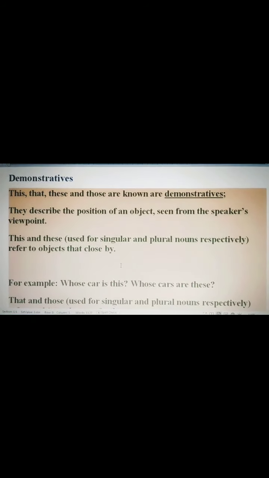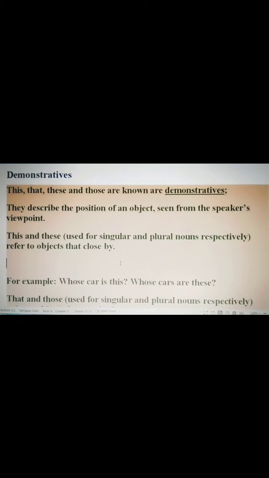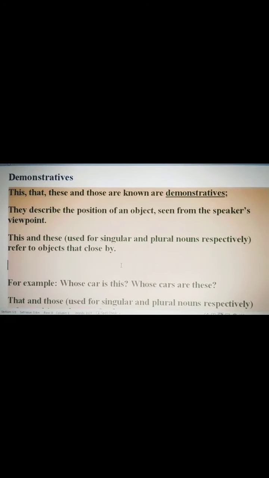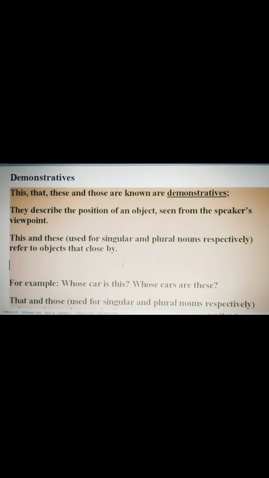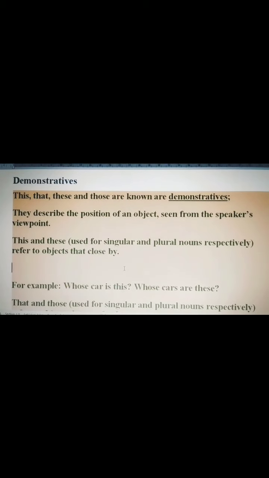These words describe the position of an object seen from the speaker's point of view. Side by side, up till now we have taken different types of determiners, so I hope you have mentioned the heading and the important points related to that.